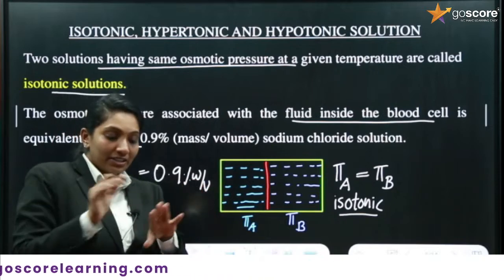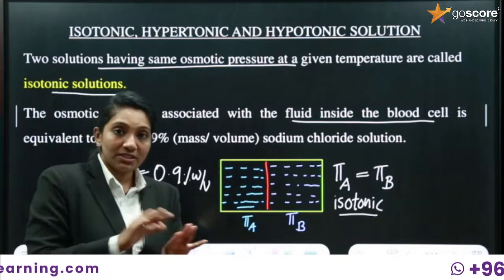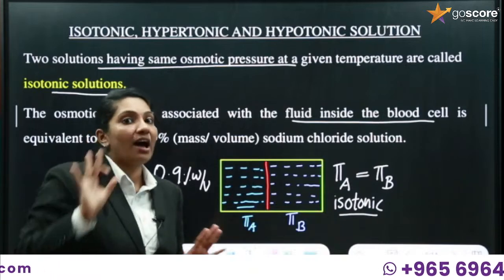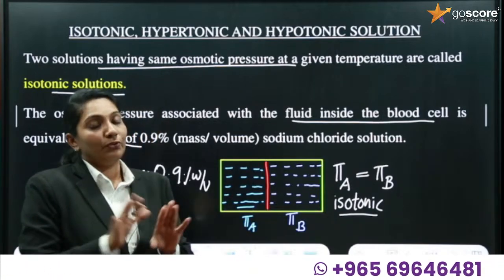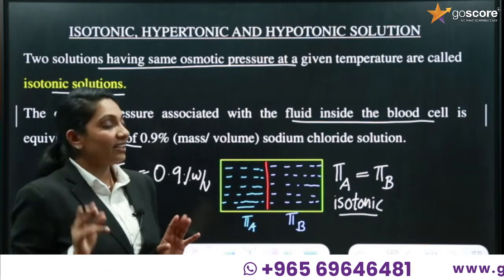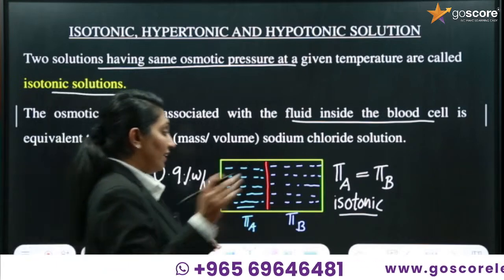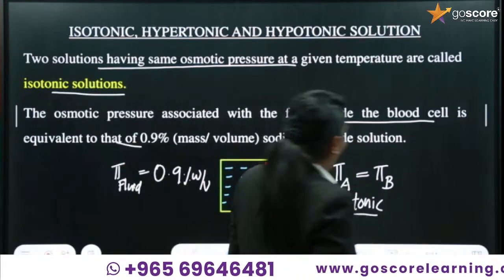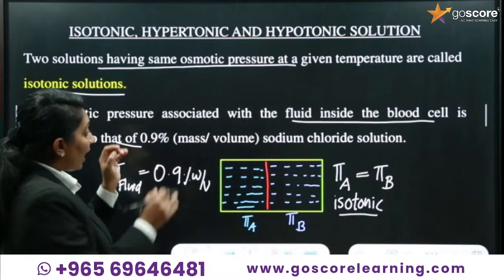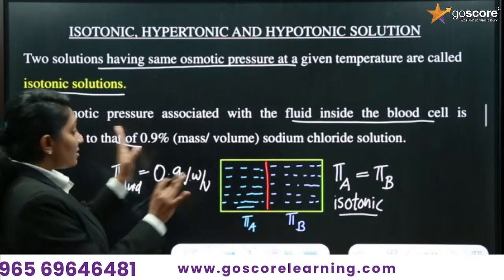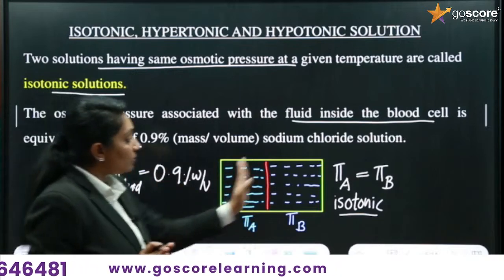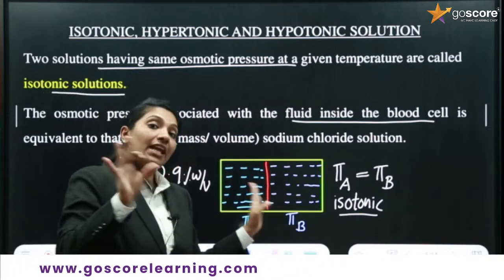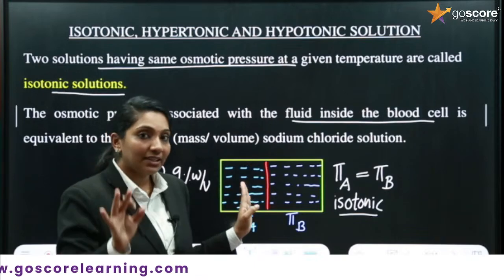So, if you are injecting any solution into the body fluid, it should be isotonic with the fluid in the RBC. Now see why it is important to maintain isotonicity. I hope isotonic solutions are clear for you: two solutions having the same osmotic pressure at a given temperature.